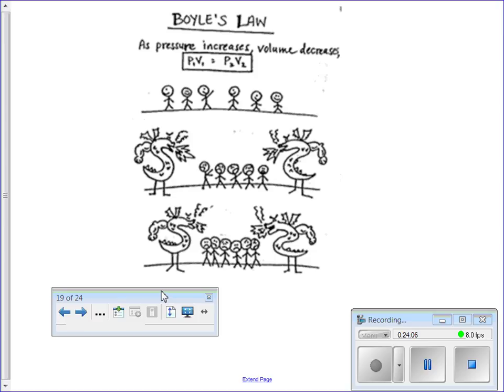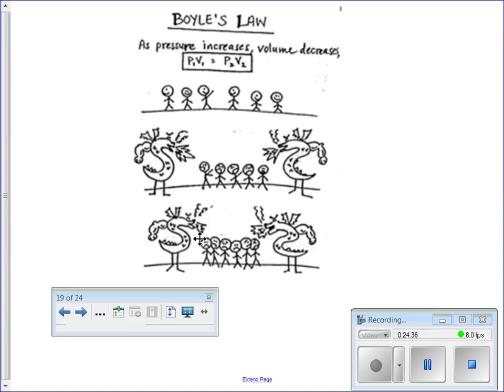And then the last one, Boyle's law. Boyle's law says that as pressure increases, the volume decreases. So you've got some gas molecules, they're not under much pressure at all, they're happy, they're good, they're spread out. As the external pressure increases, those gas molecules start to compress and get closer to each other, so the volume decreases.